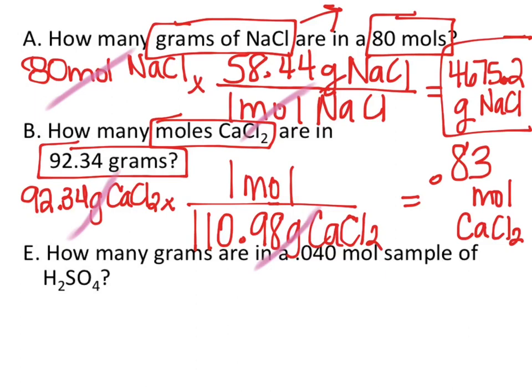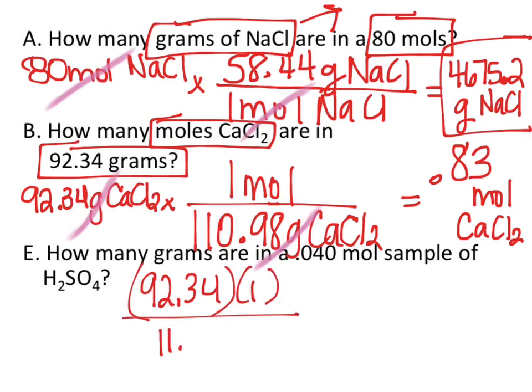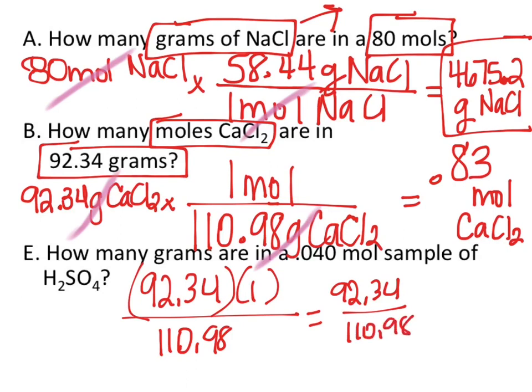Now, if you're one that has to go and write everything out, then by all means do it. If you need to write 92.34 times 1 over 110.98 equals 92.34 over 110.98 equals 0.83, do it. You're not going to get penalized for putting more work in there.